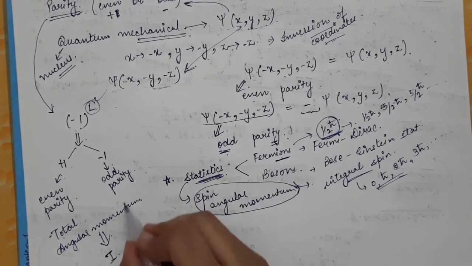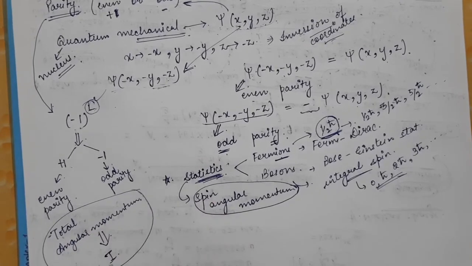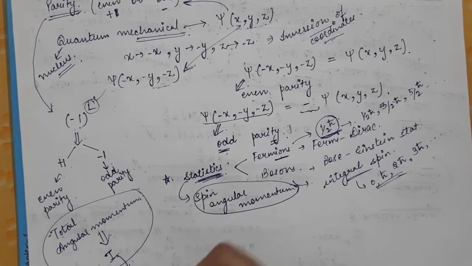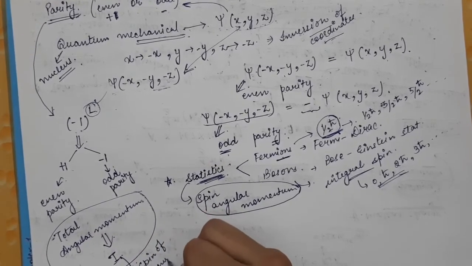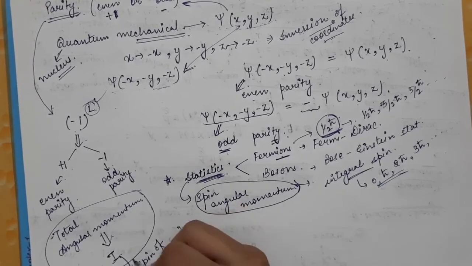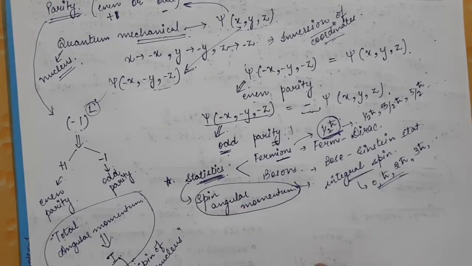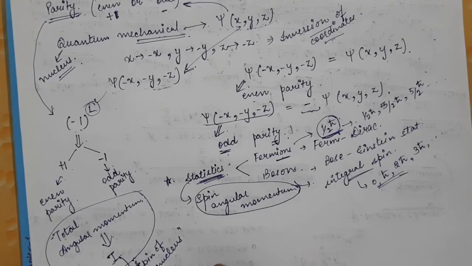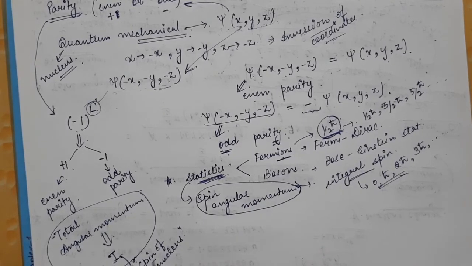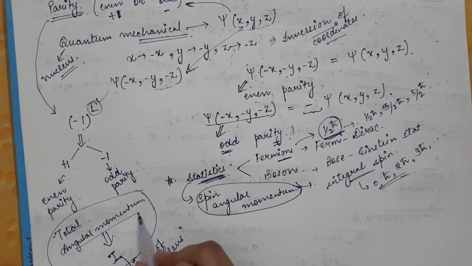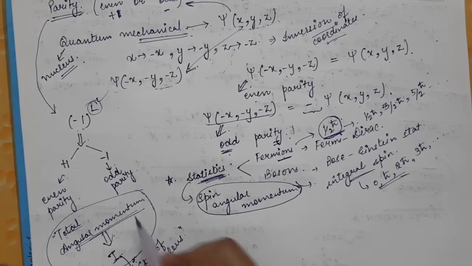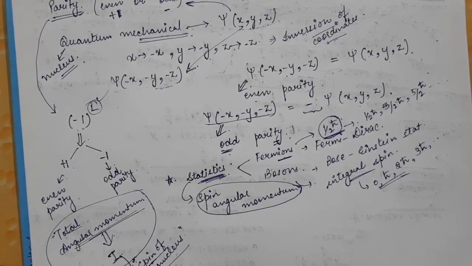So capital I is the total angular momentum of the nucleus, and this is also called the spin of the nucleus. Capital I is given another name. This does not exactly mean the spin, but it is just a name given to capital I, which is the total angular momentum of the nucleus.